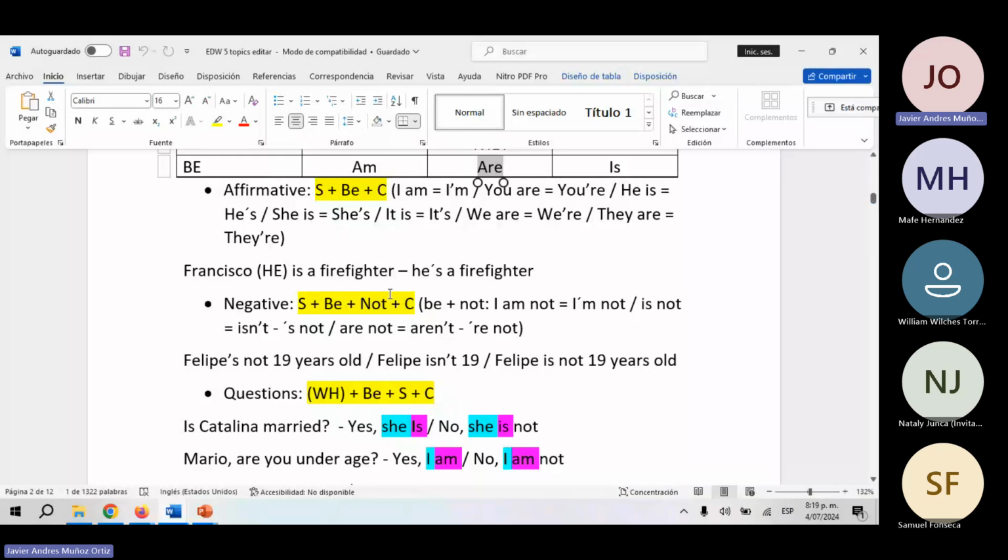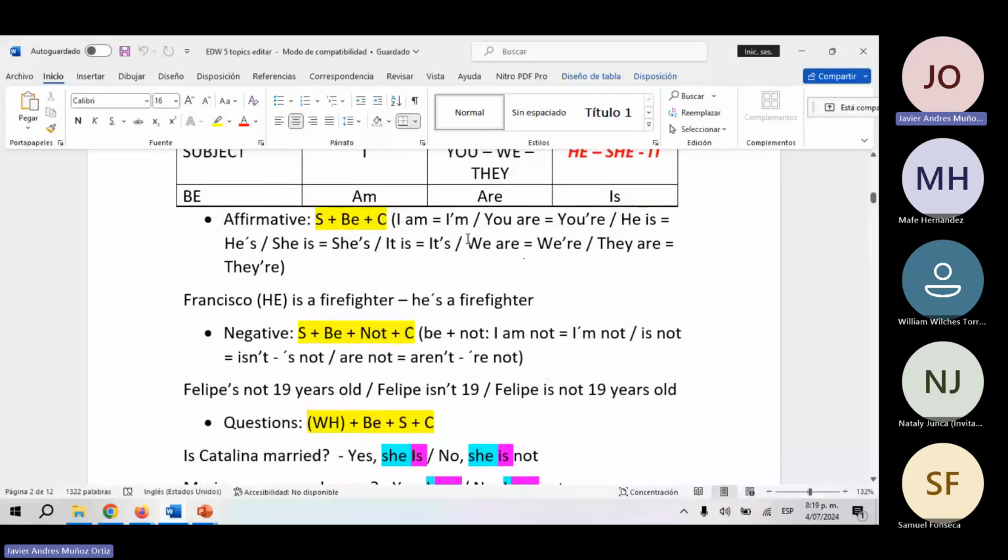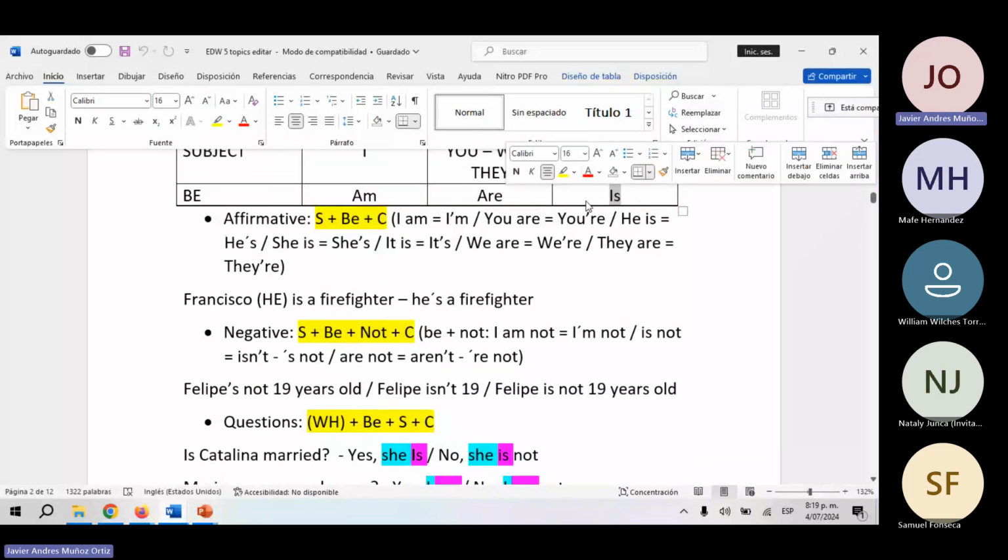And just to remember, we can contract these negative sentences. We can say, I'm not, is not, isn't, or is not for third person singular, are not, aren't, or are not for plural forms. Remember that we use are for we, you, they, am for I, and is for she, he, it. And with names, is for Mariana, Carlos, and the dolphin.